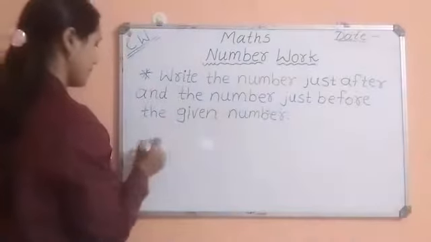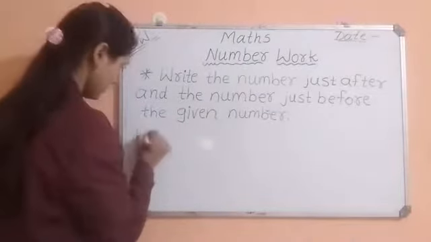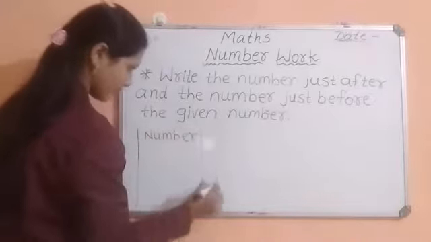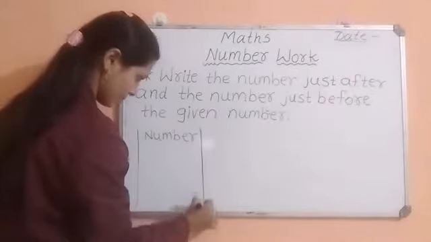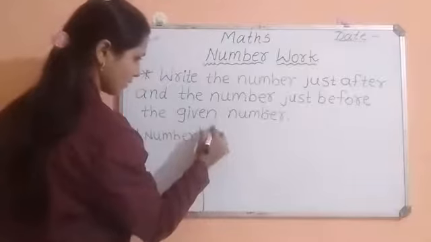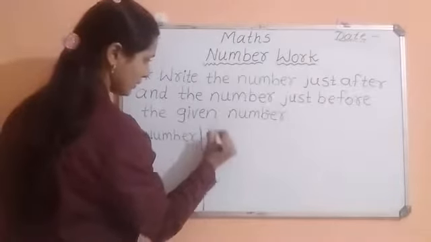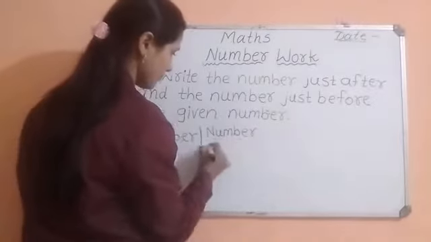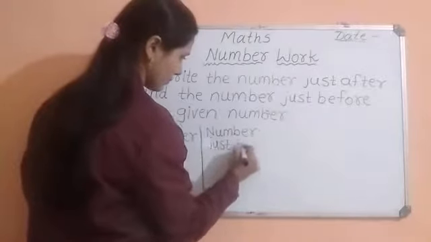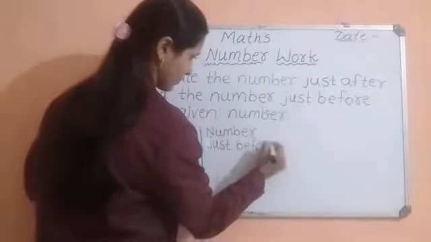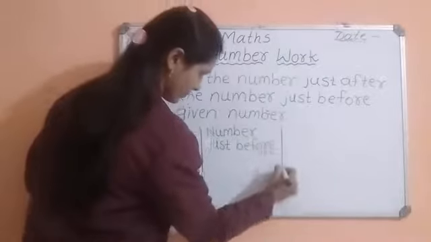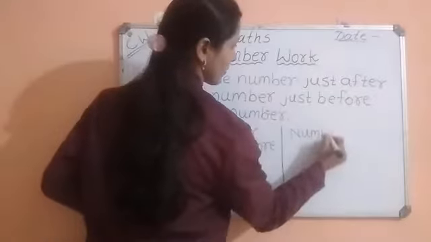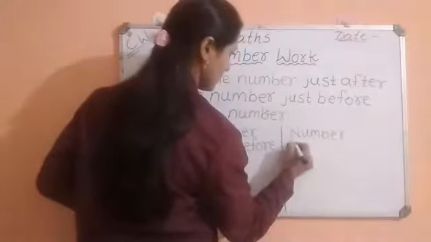Okay, now like this the table is given: number, then number just before, and number just after.